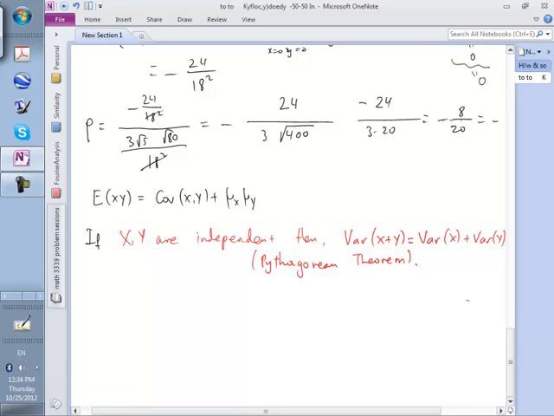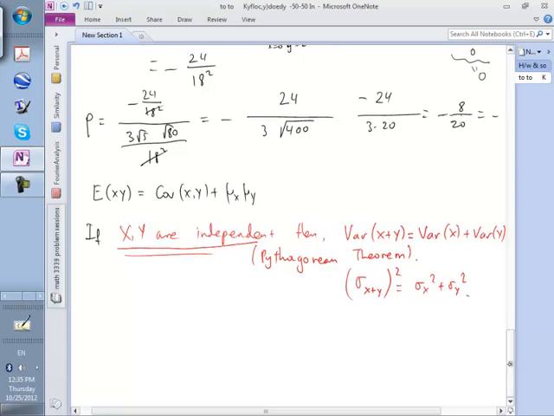So that's the Pythagorean theorem. In other words, I can write that the square of this is equal to the sum of the squares of the standard deviations. But it requires independence for that to be true.